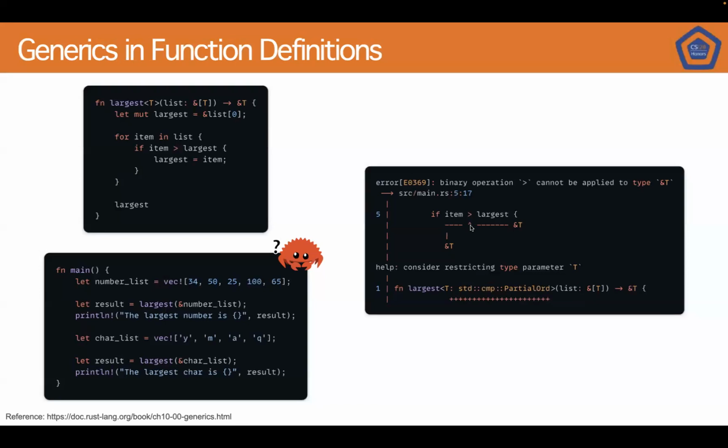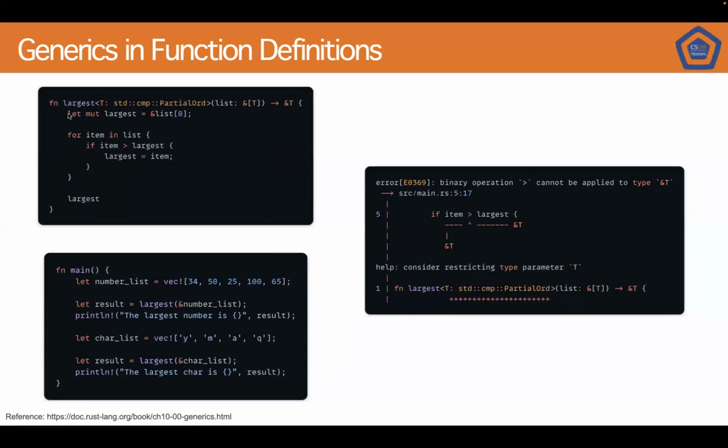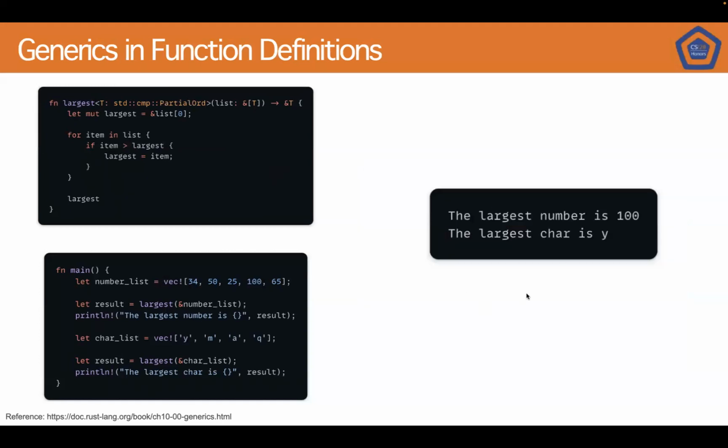So to restrict the type, we can change the definition of the largest function to only accept parameters or arguments that implement the PartialOrd trait. And now when we run this code, it should compile and print the following.